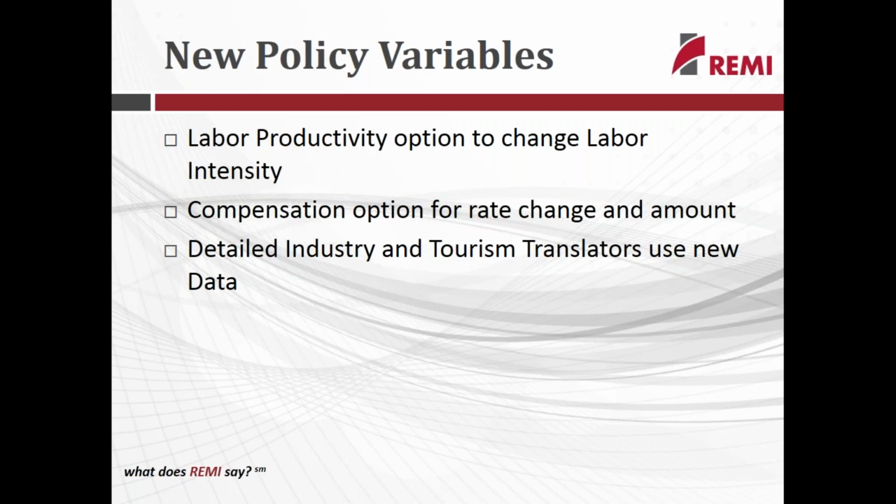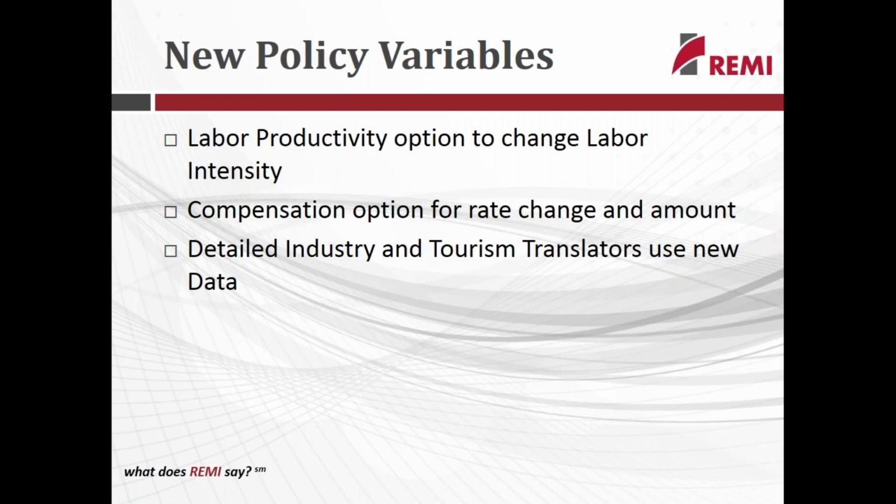Previously, one could improve the labor productivity of a given industry and see some pretty counterintuitive results, where a higher degree of labor productivity resulted in lower employment because, for a given level of output, firms were able to hire less employees to deliver that output.